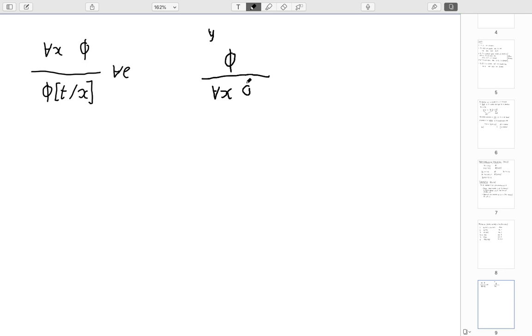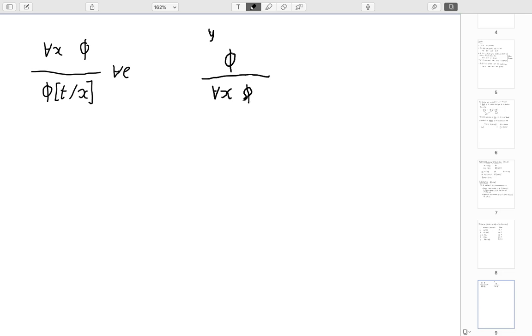Now there's something a little bit fishy at the moment which we need to correct. So here phi is a formula that, maybe I'll just try to make that a bit neater as well. Phi, because I do want the rules to at least be readable in the end.